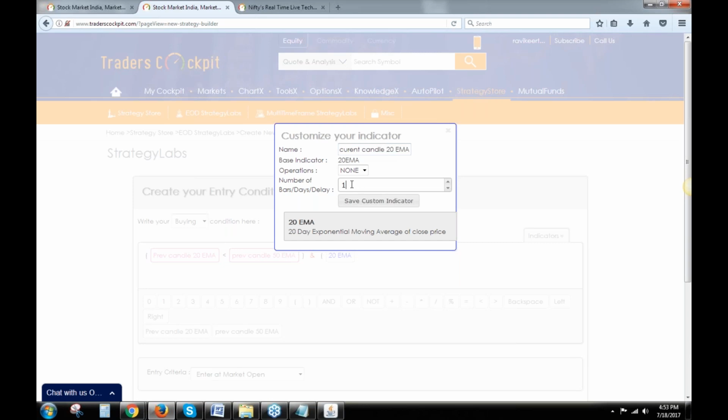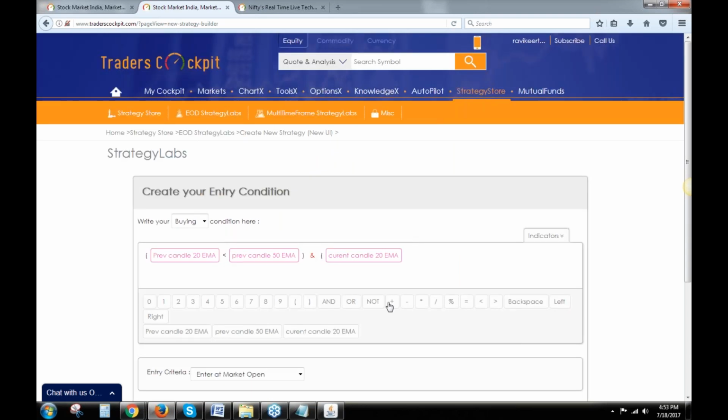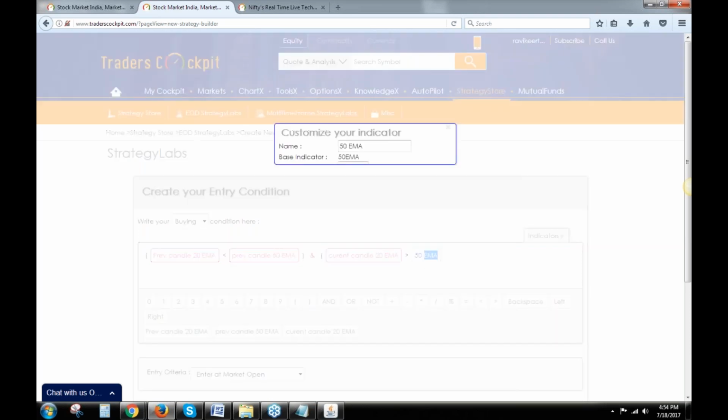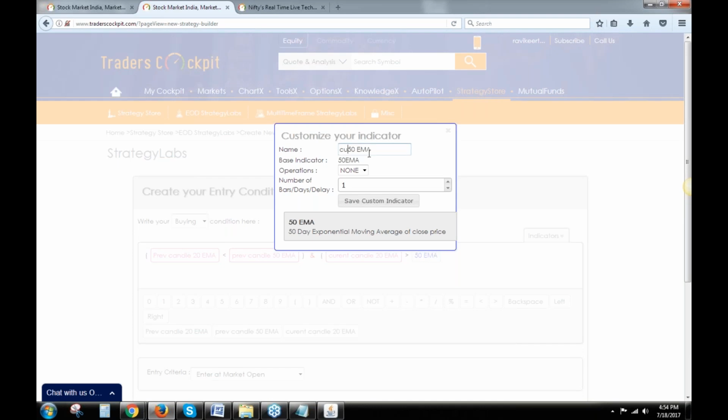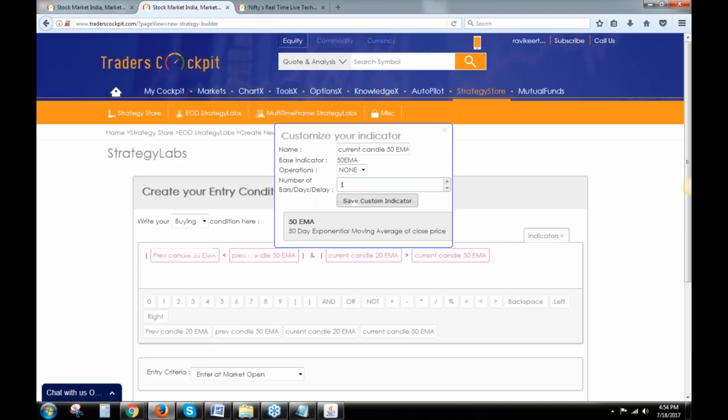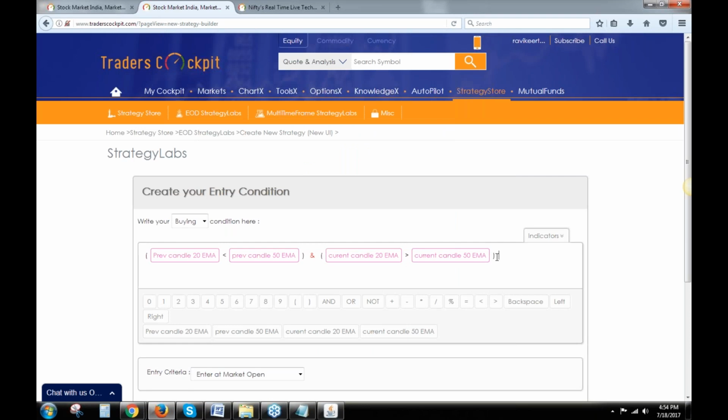For that purpose, keep the number of bars as 1 only, because this represents the current candle value, and then save the indicator. This should be greater than the EMA of 50 period. Since I'm taking the current candle value, the number of bars will be one only. So this creates my entry condition. This creates my crossover condition.